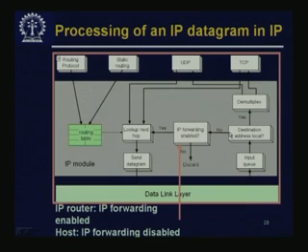Now, we are talking about the processing of the IP datagram in the IP layer, and this IP layer is present in two different places. One is that the IP layer is present in a host, a regular host, let us say a PC or something. The IP layer is also there in a router.